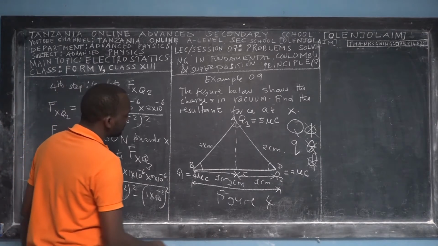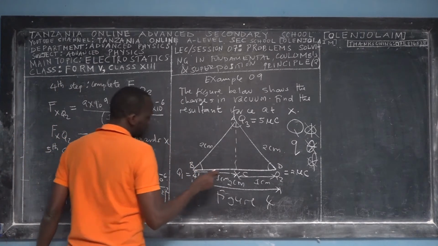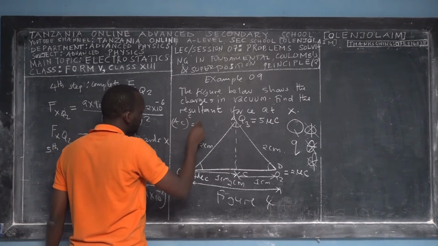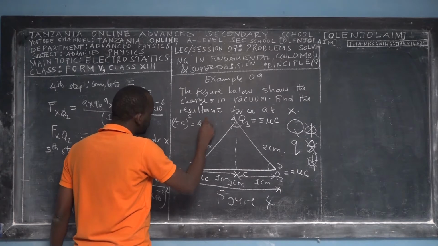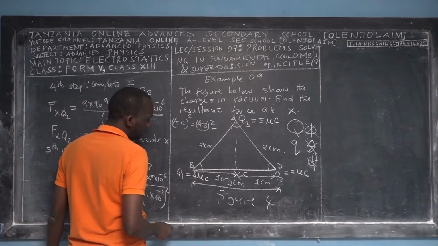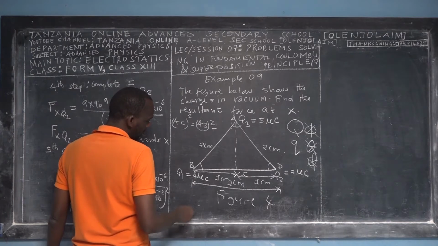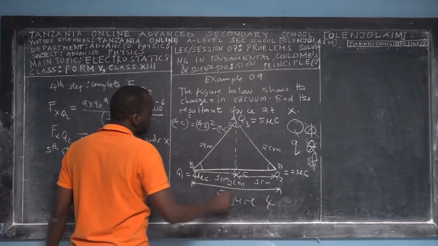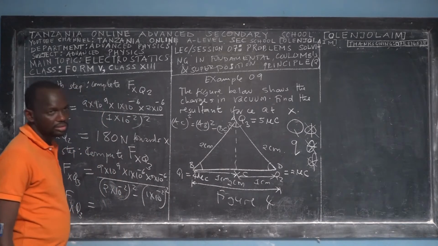When we are looking for this side, listen, side AC squared will be equal to side AB squared minus BC squared.